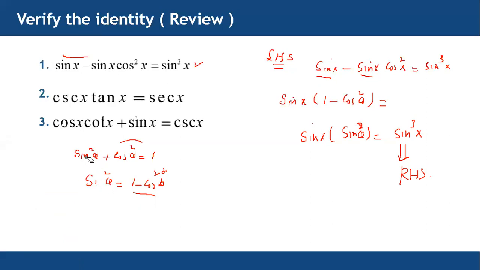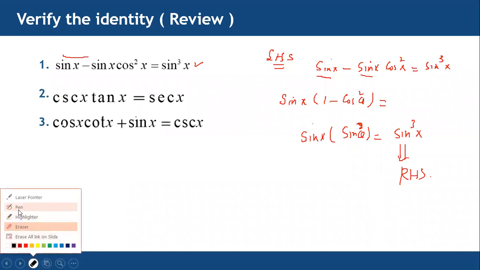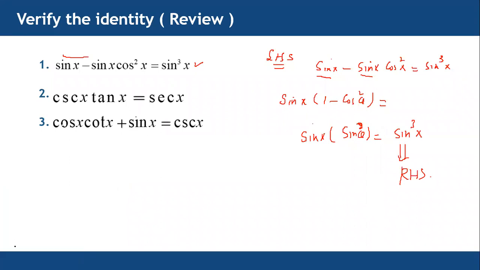Now the second one. How to prove the second one? We have cosecant x tangent x equal to secant x. If we take the left hand side, cosecant theta multiplied with tangent theta.